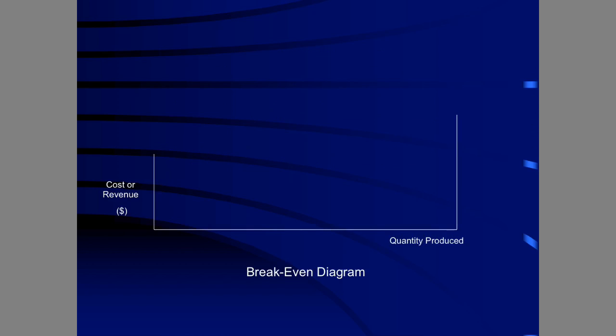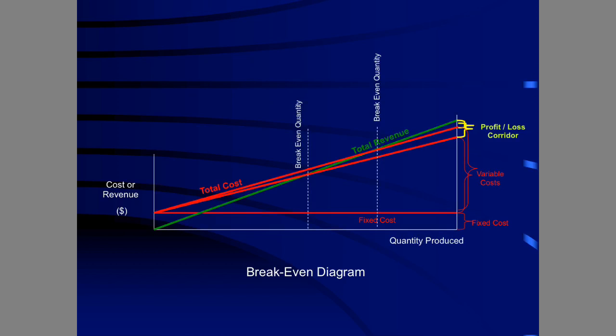And so if we have costs or revenue and we have the quantity produced, there's eventually going to be a break-even point where our revenue coming in is going to at least cover our costs. For example, anytime somebody's starting a new business or a new service, initially we're not at that break-even point, so we always have to determine what that breaking point is.